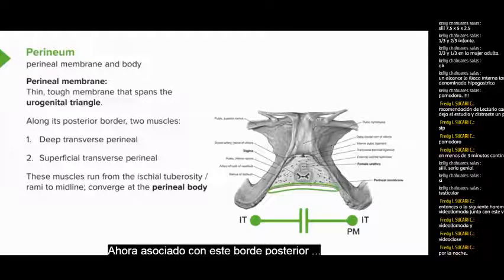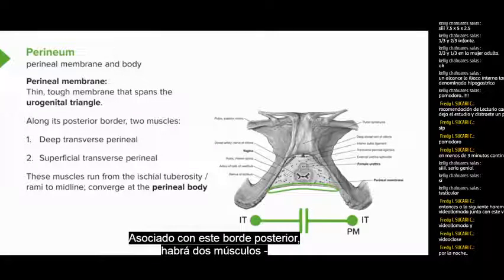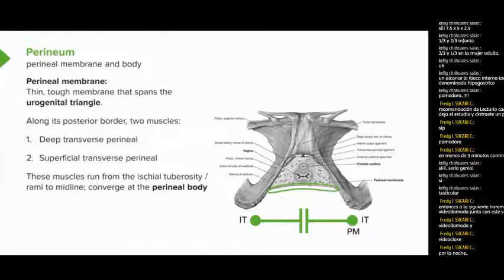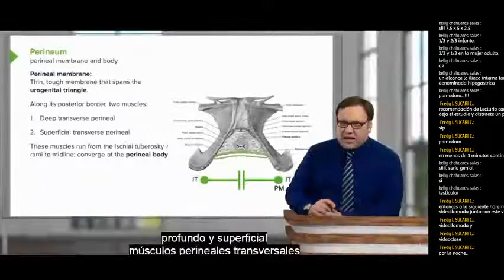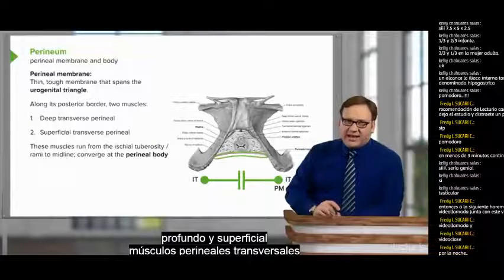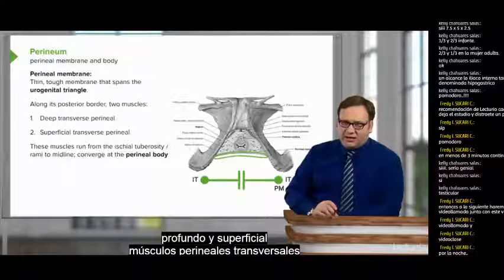Now associated with this posterior border, there are going to be two muscles: deep and superficial transverse perineal muscle.